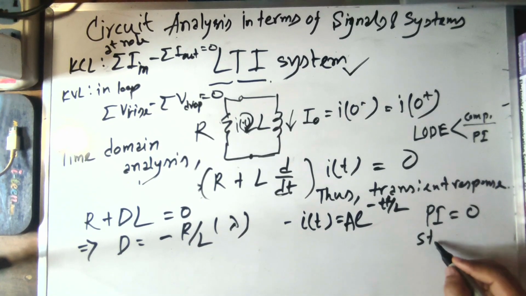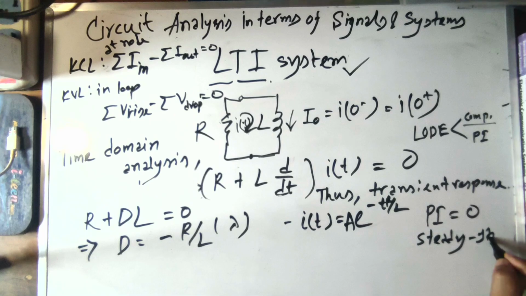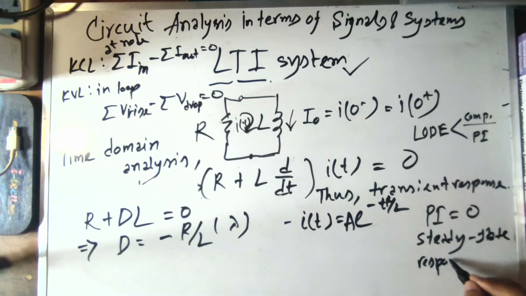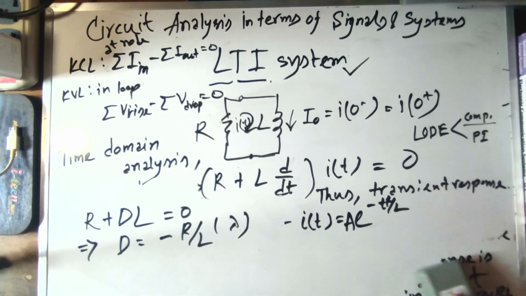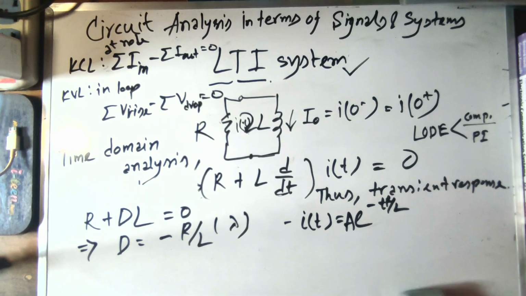The steady state response is absent in a source free RL circuit. So we have found our solution for the source free RL LTI system, or RL circuit in general.